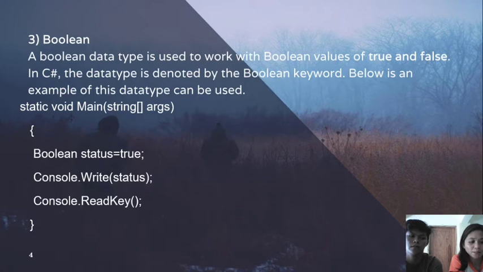We then assign a Boolean value to the variable, and then the Boolean data type is specified to declare a Boolean variable called status. The variable is then assigned a value of true or false. The console.write function is used to display the Boolean value to the console.